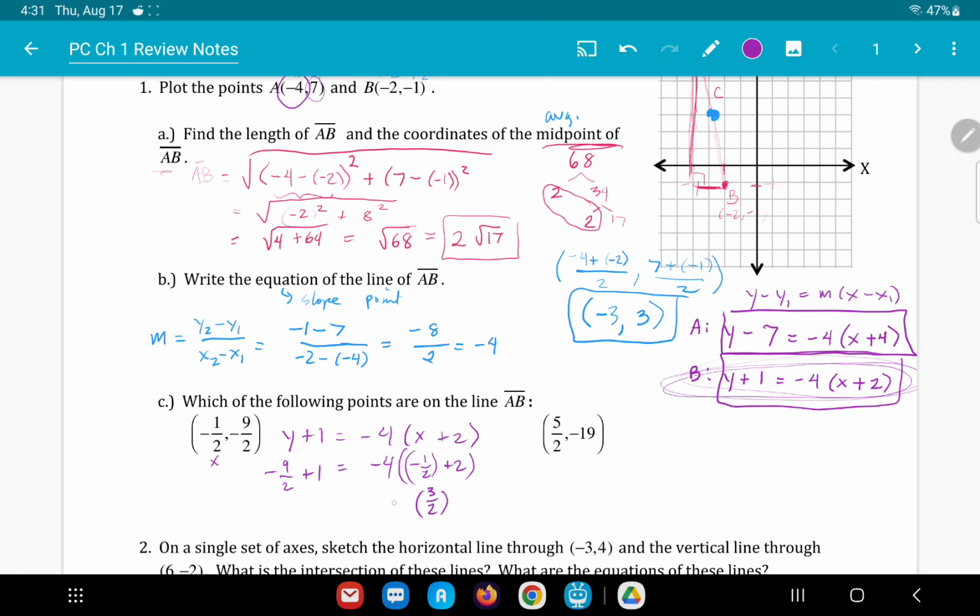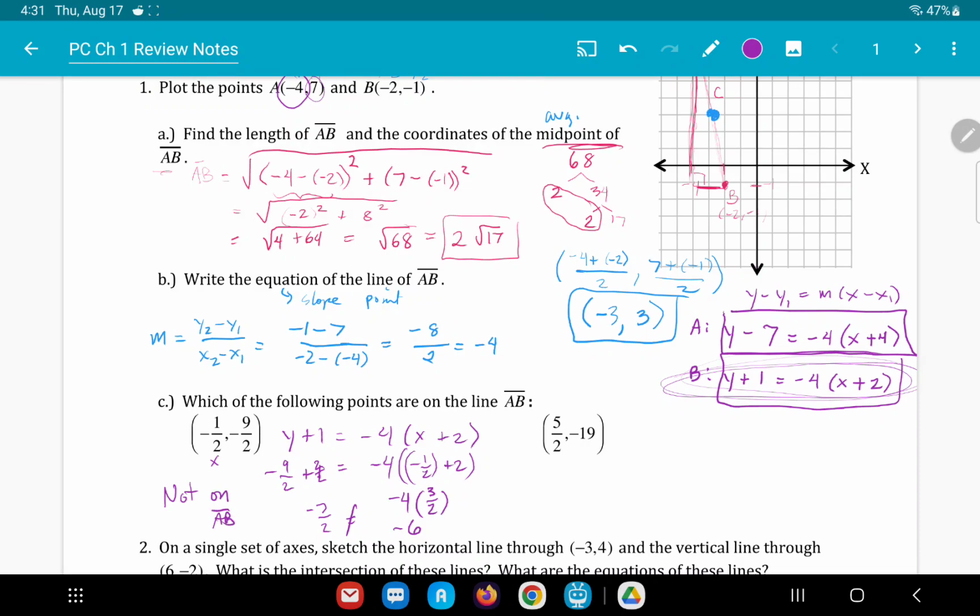And 3/2 times negative 4 is going to give us negative 6. On the other side, we have negative 9/2 plus 2/2, which is negative 7/2. These are not equal, so therefore this is not on the line AB.